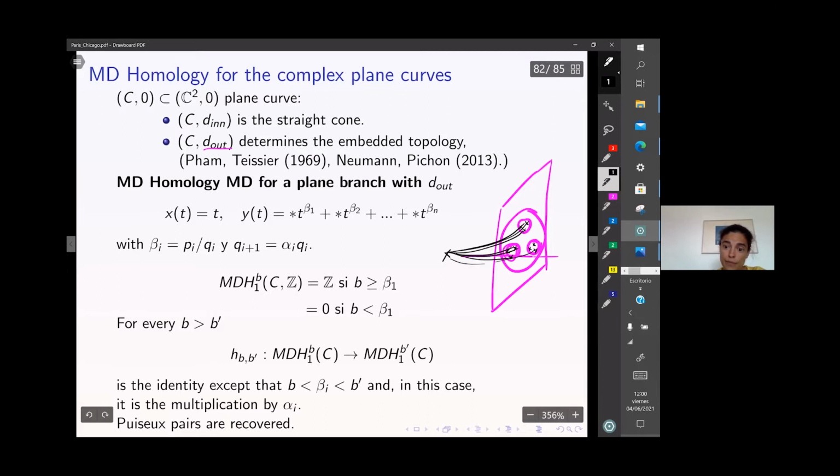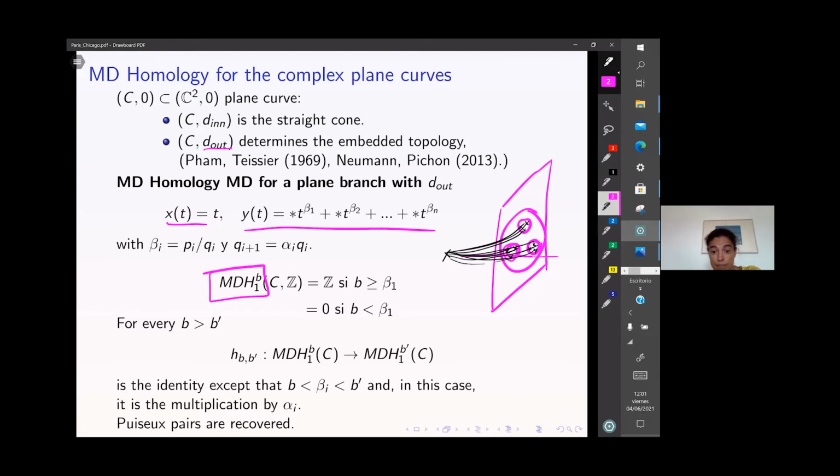Now you study the homology of this for a parameter b. If you take b big enough, then you see the link without any identification at all. So the homology will be that of S1, because it is an irreducible plane branch.